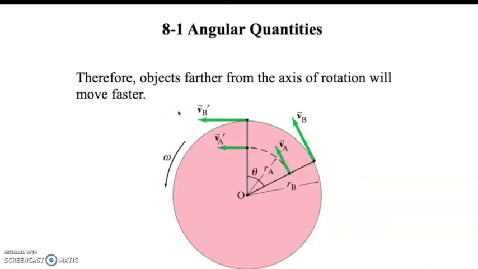So therefore, objects that are farther from the axis of rotation, so farther from the center, will move faster. If we have an object here, both moving with the same angular velocity, the tangential velocity will be faster as you get farther away from the center, which should make sense mathematically and maybe theoretically.